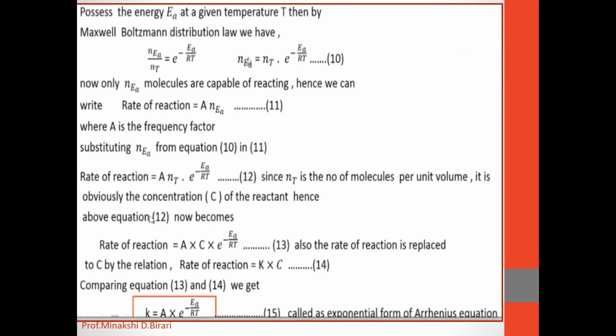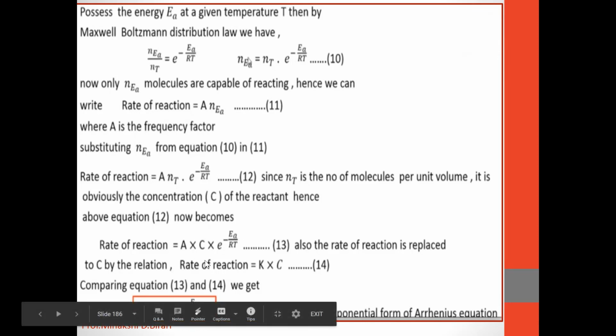Hence, the above equation now becomes rate of reaction is equal to A into C into e raised to minus Ea upon RT. Therefore, rate of reaction is equal to K into C.